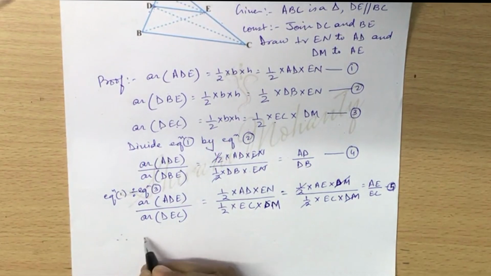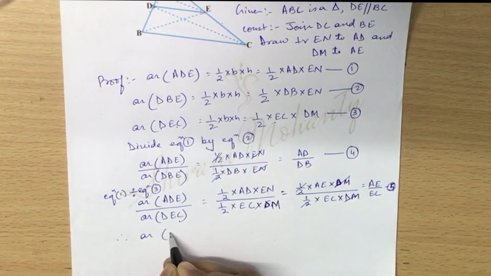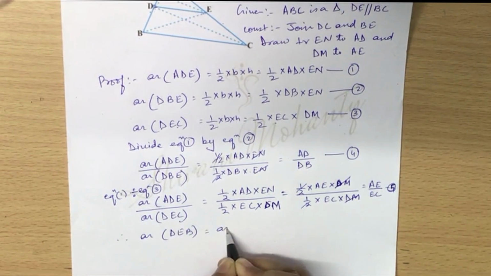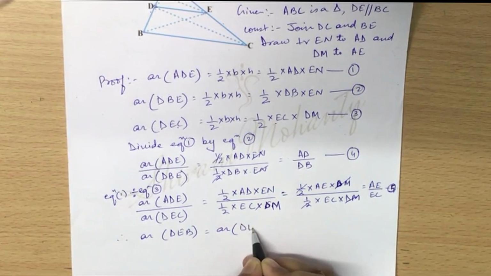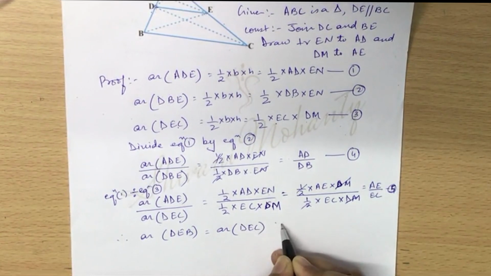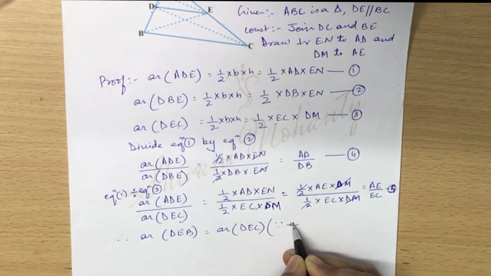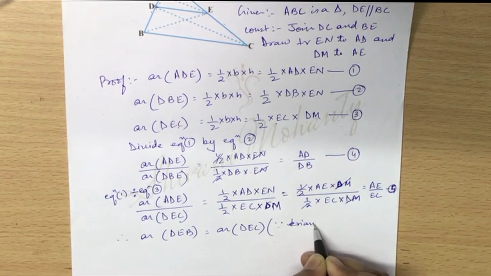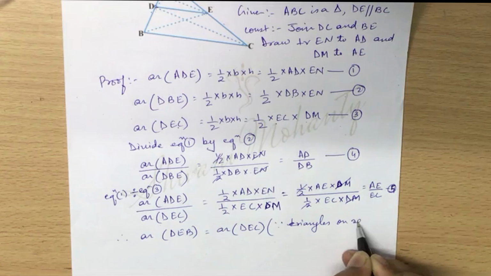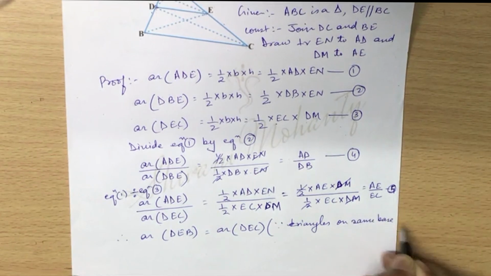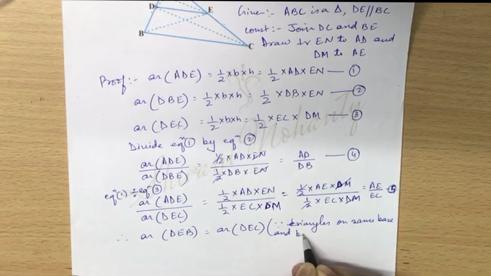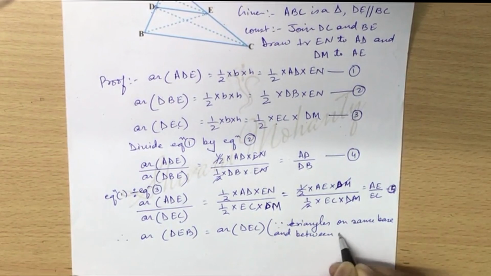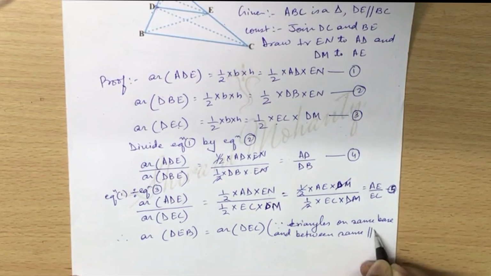So therefore area of triangle DEB is equal to area of DEC, as the reason is triangles on the same base and between the same parallel lines.